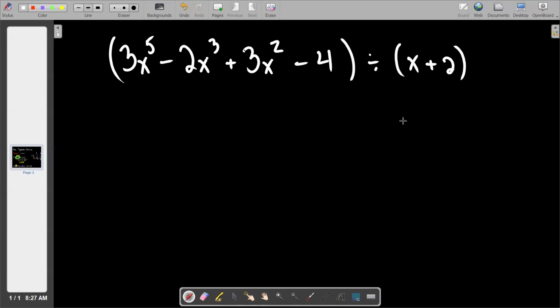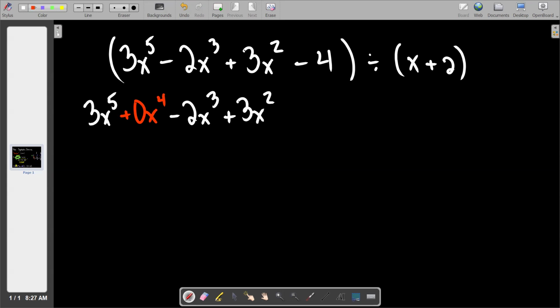So to help you out with your question, here's what I need you to see. If I wrote this polynomial, pay close attention now. If I wrote this out properly, this would be 3x to the 5th plus 0x to the 4th minus 2x to the third plus 3x squared plus 0x minus 4, color coded for your educational convenience.